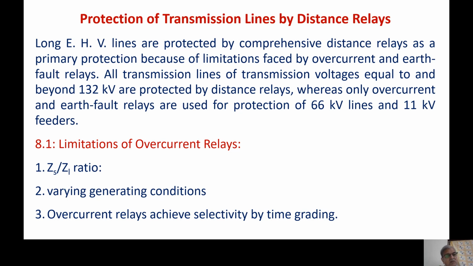So they are protected by overcurrent relays. All lines of 132 kV onwards are protected by distance relays, but they are yet protected by overcurrent relays also as a backup, not as a main. As a main, it's only distance protection that is used.